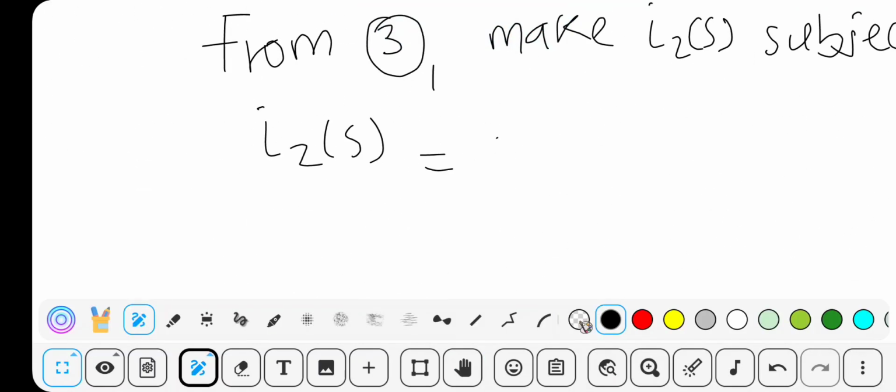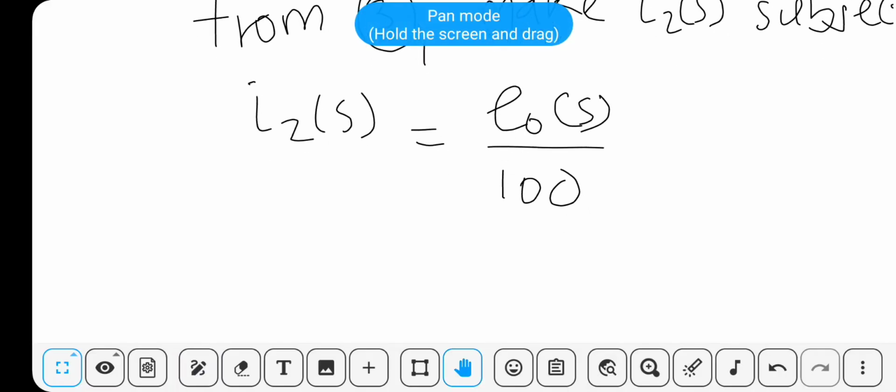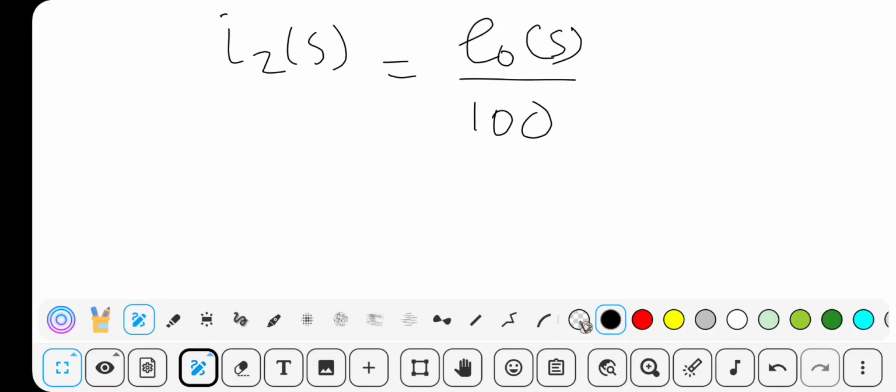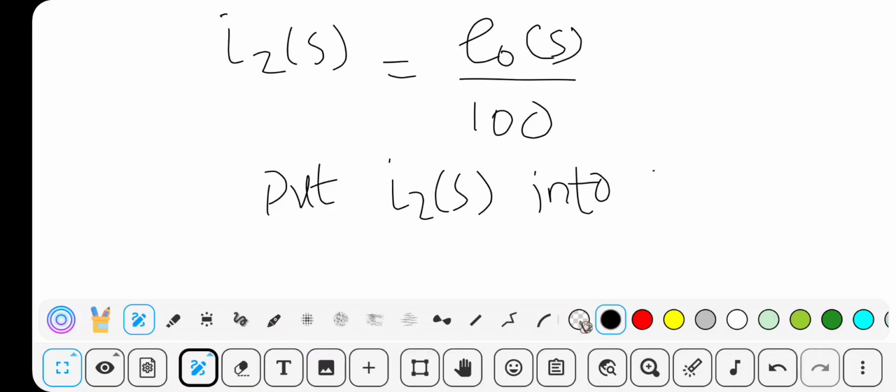You have E naught of s over 100. Now put this value into equation 2.